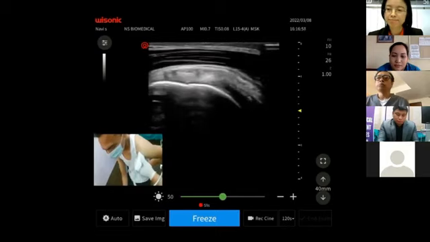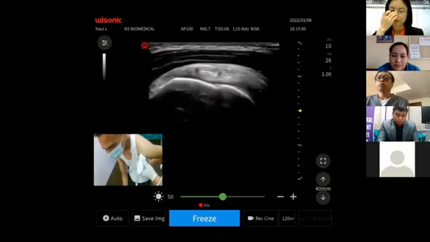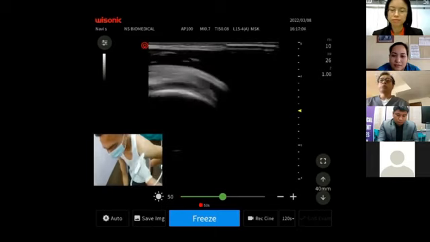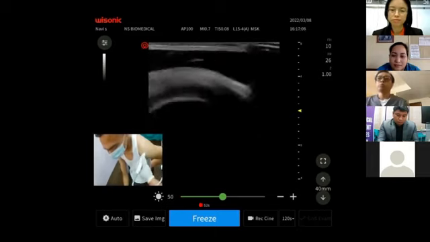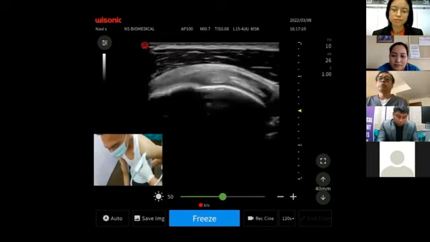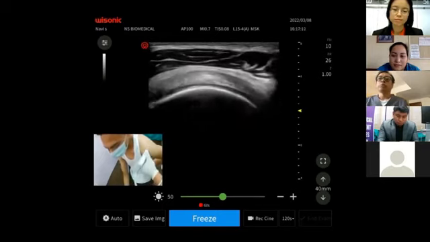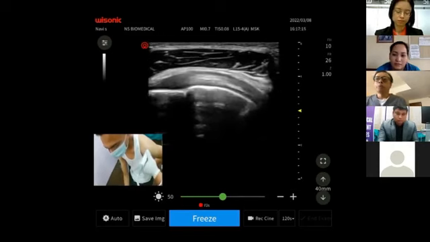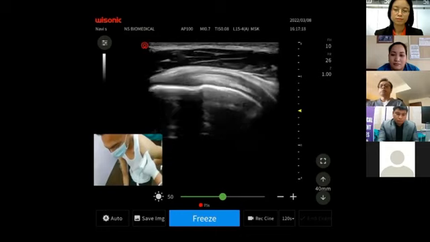So after scanning the supraspinatus muscle along the long axis, I turn my probe 90 degrees gradually and evaluate the rotator cuff interval. Posterior to the rotator cuff interval, all these fibers that we see are the supraspinatus tendon in the short axis.